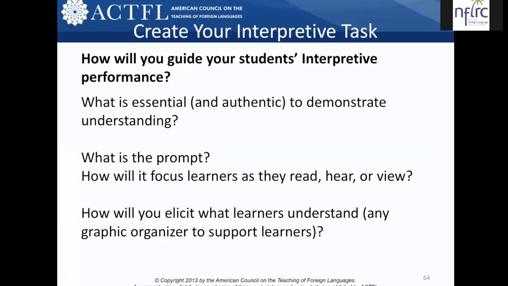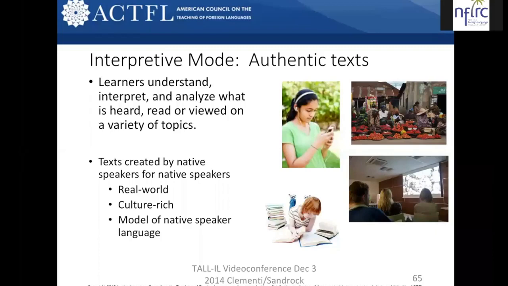It's not only about the questioning, it's also about choosing a graphic organizer or some sort of organizer that helps the student take notes or capture what they have learned. There are a variety of ways that you could do this through authentic texts.